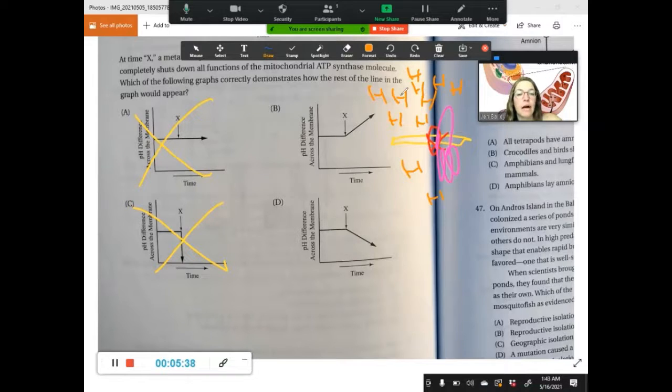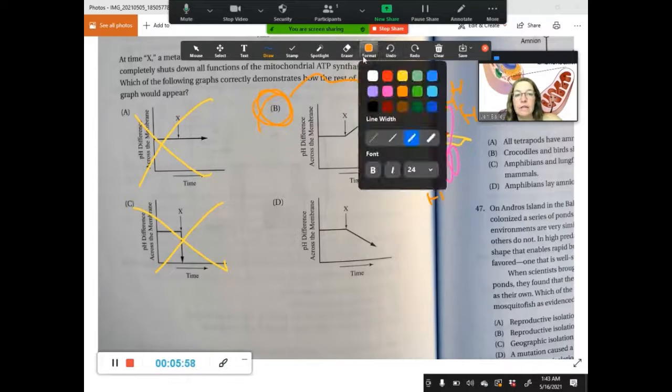So I think over time, more and more protons are gonna be coming in, right? Because the mitochondrial membrane allows protons to come in so that a gradient can be maintained across this inner membrane. But so I'm liking B because I think that the difference is gonna go up after a while, okay?